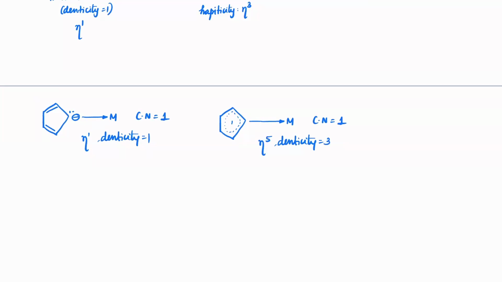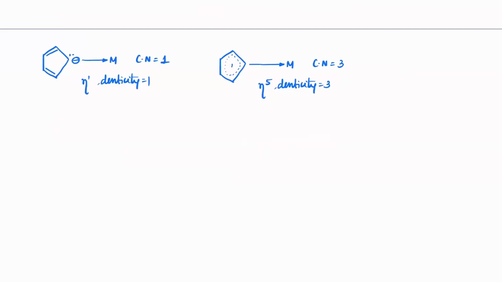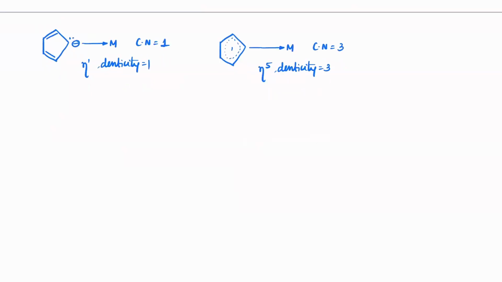Coordination number is also 3. So this time it is acting like a tridentate. Clear? One such compound is cyclopentadienyl, like this. Okay, and it is connected one above and one below like this.